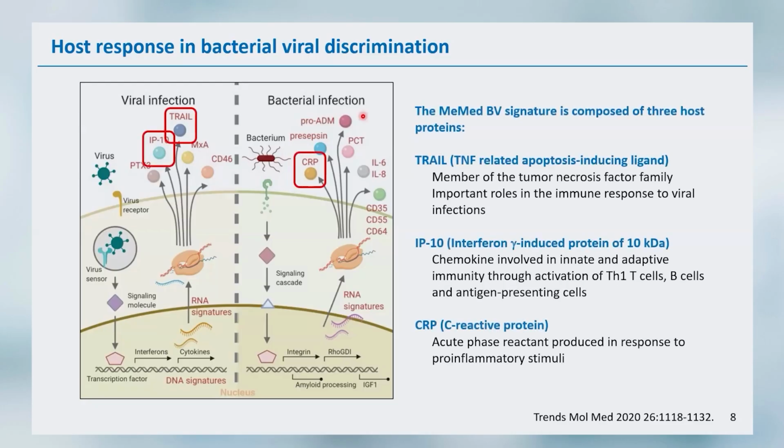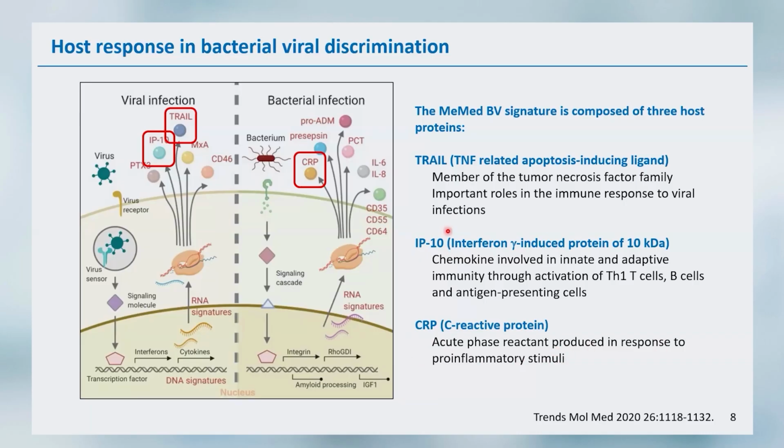The MeMed-BV test focuses on three molecules whose expression differs in these two types of infection: IP10, TRAIL, and CRP. TRAIL is a member of the TNF family that's important in immune response to viral infection. CRP is well known to be an acute phase reactant produced in response to bacterial infection and other pro-inflammatory stimuli.